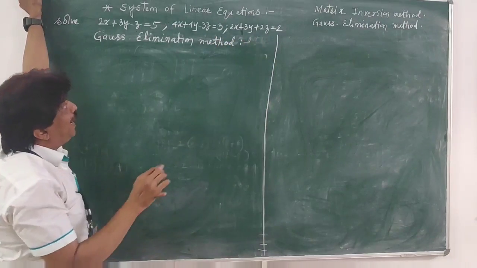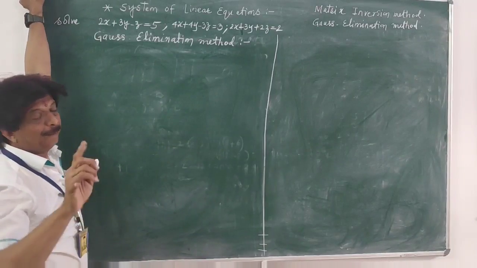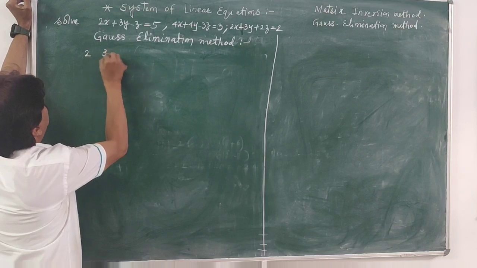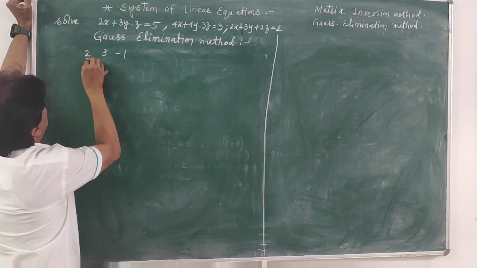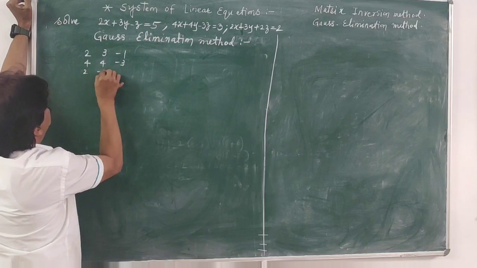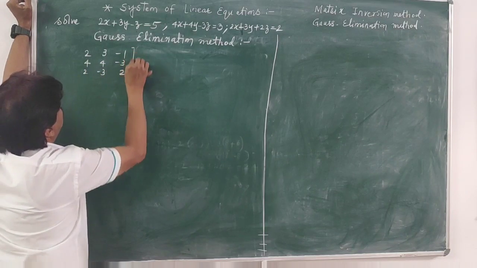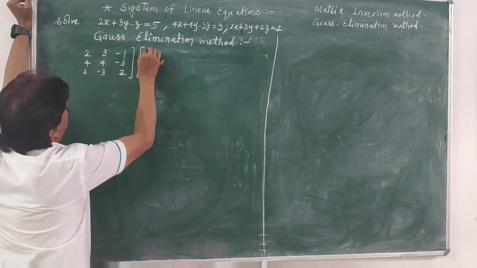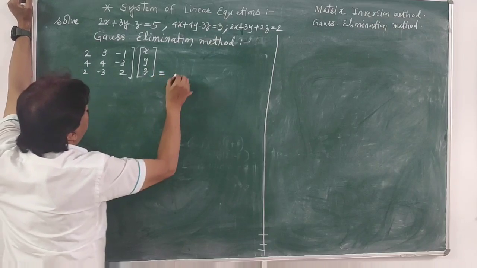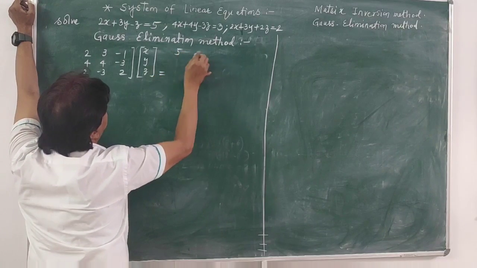Again, I am rewriting the same system of equations in matrix form. It is written as 2, 3, minus 1, 4, 4, minus 3 and 2, minus 3, multiplied by the matrix of unknowns, equal to the matrix of 5, 3 and 2.